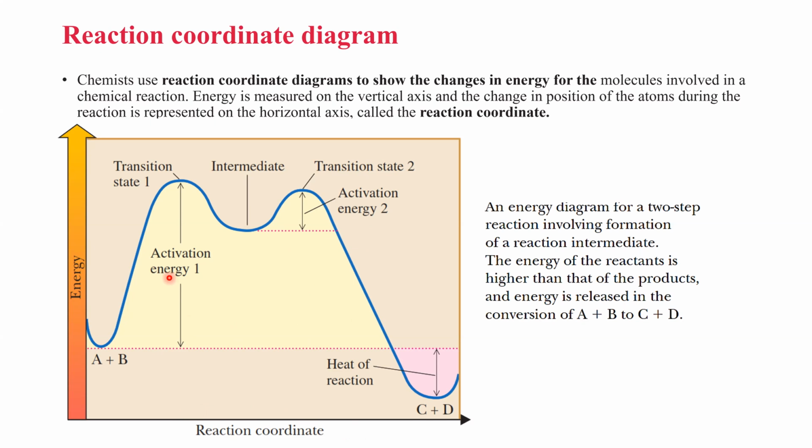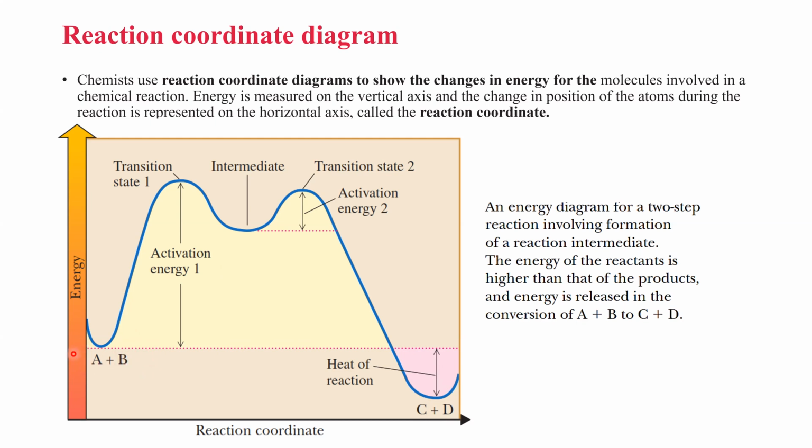Here, if you just look at this one, A plus B is basically our two reactants. Firstly, we will see what is happening in the reaction. A plus B are converting into the product, which is C plus D. That is the net chemical reaction. Now we have to see what the mechanism is and what the reaction coordinate is.